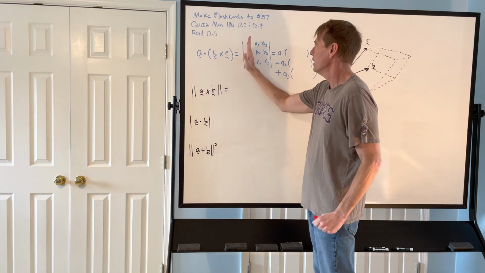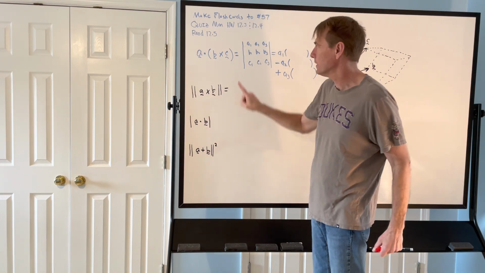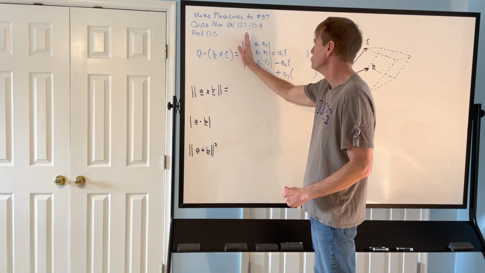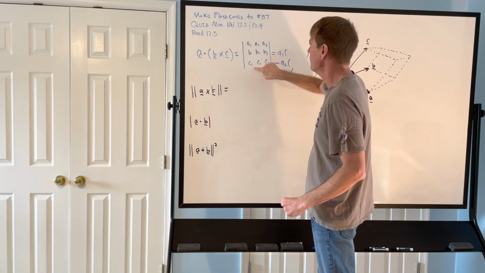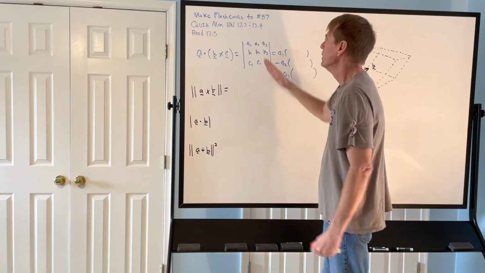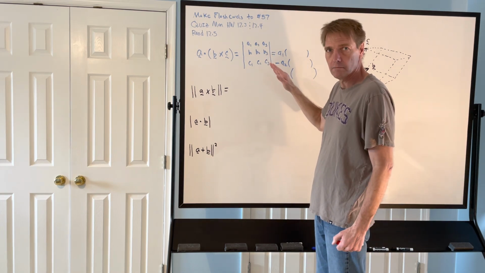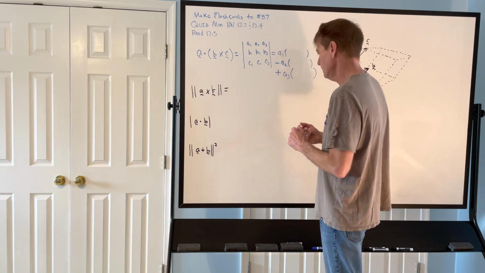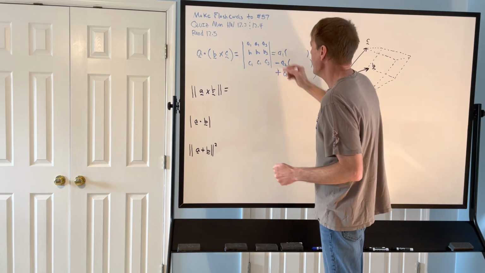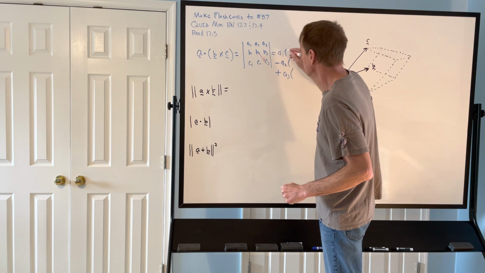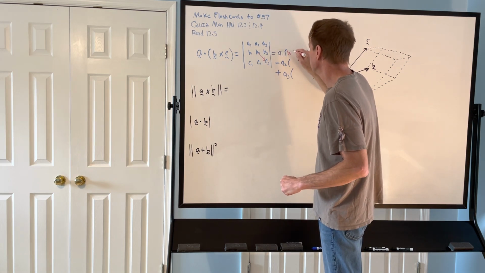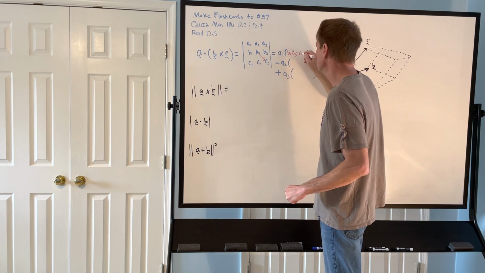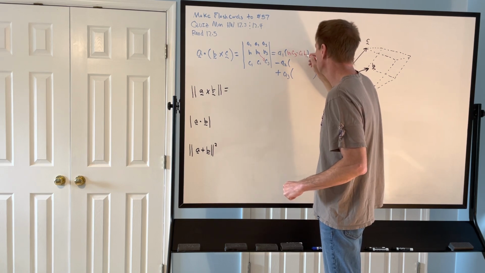You just cover up, you can do it with a finger on your paper, and you ignore that first row and go back and forth along those diagonals. When you go down, starting from left to right, it's positive. When you go up, it's negative. So in this case, we would have B2, C3, minus C2, B3.